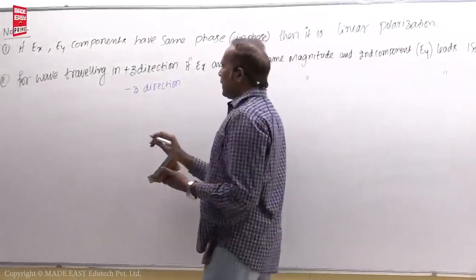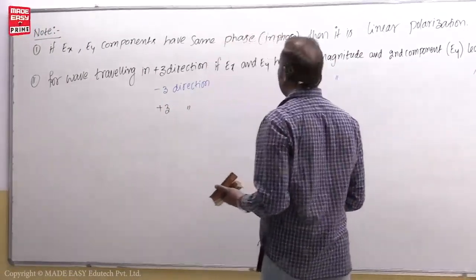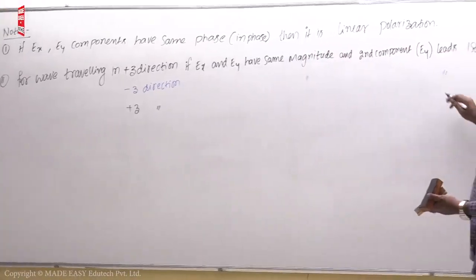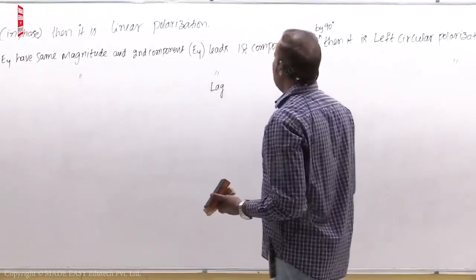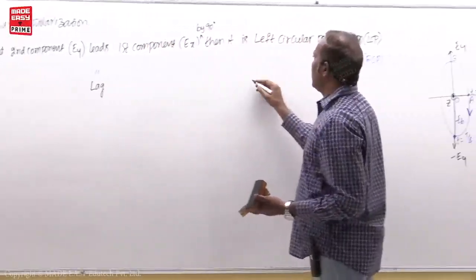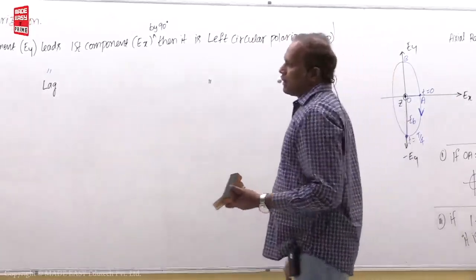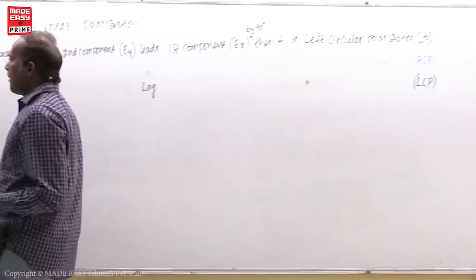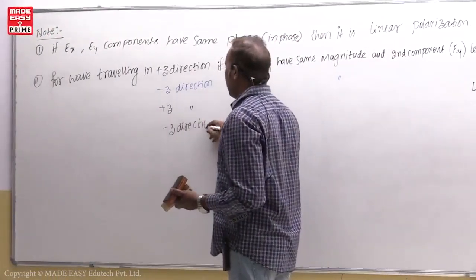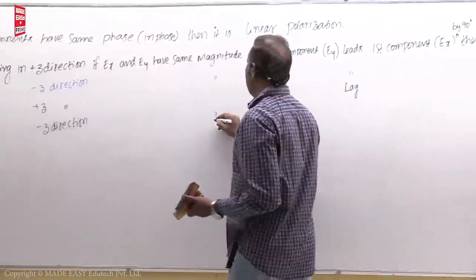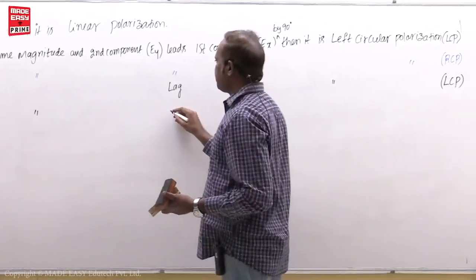Okay, then here plus z direction comes, and lead is changed to lag, then once again everything is the same, here it becomes LCP. Now once again the wave is traveling in minus z direction, and again everything is the same, so here again lead comes.